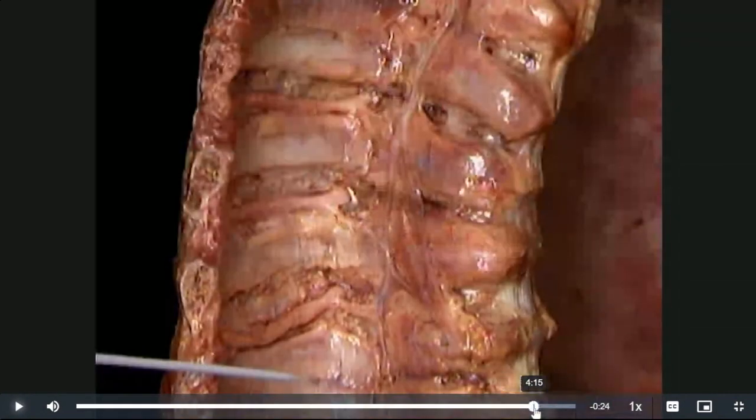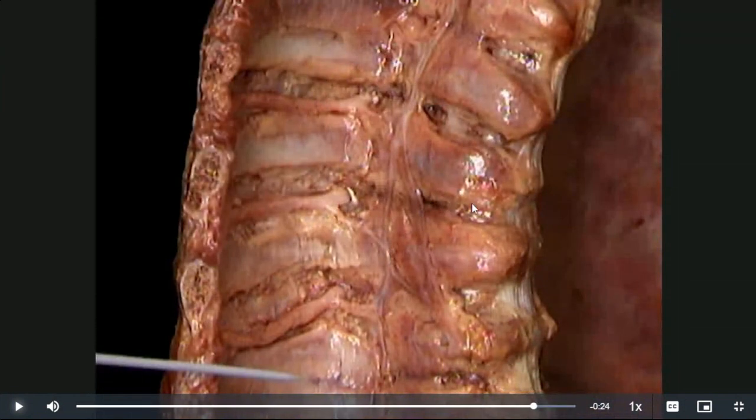Okay, so something just to keep in mind, like a takeaway from this video, let me just get to the image. There we go. Remember when we talked about the branches of the spinal nerve, we mentioned that we had a ventral and a dorsal rami, or a ventral and dorsal branch.